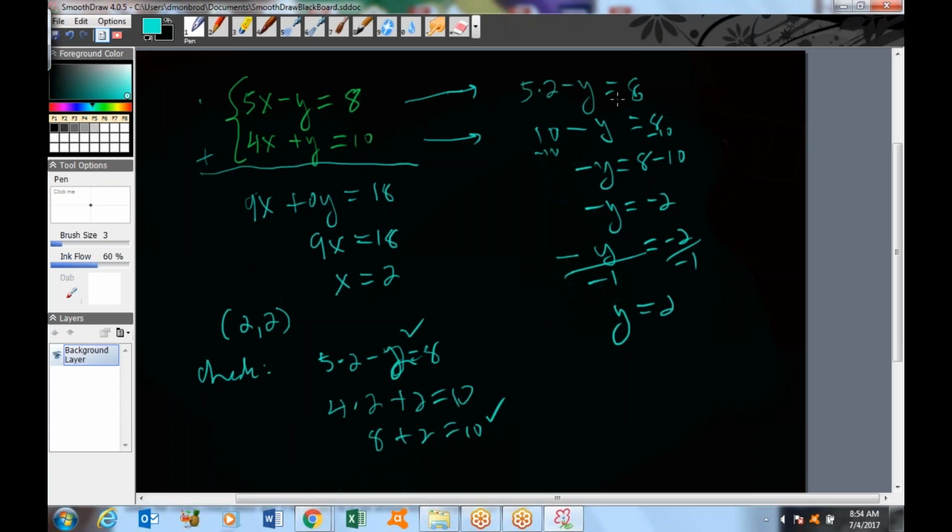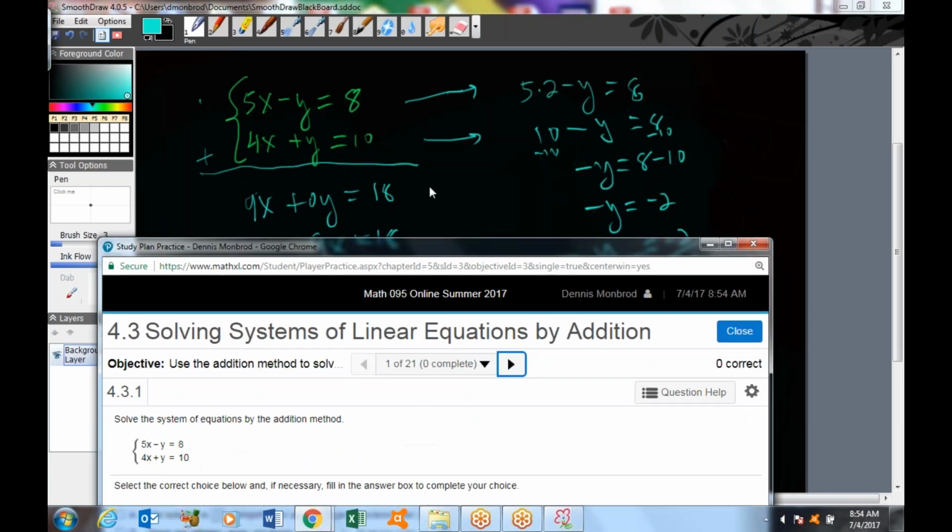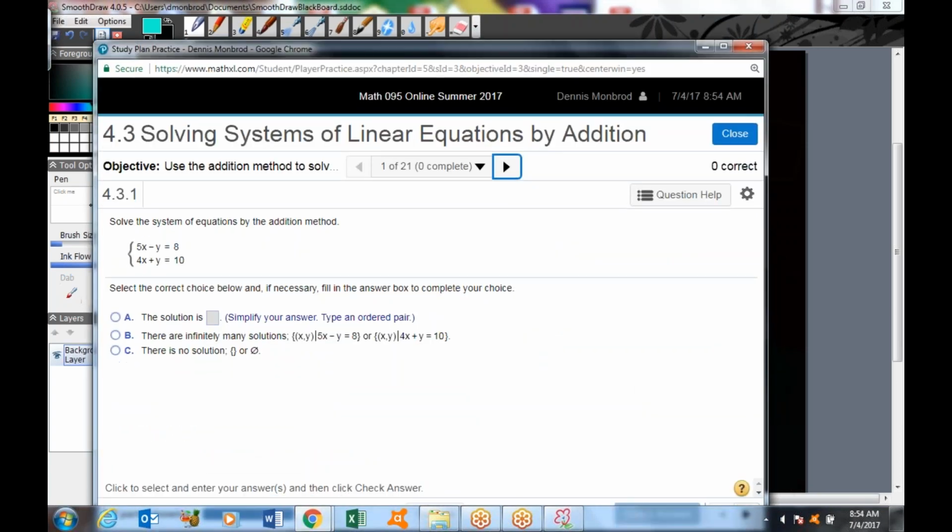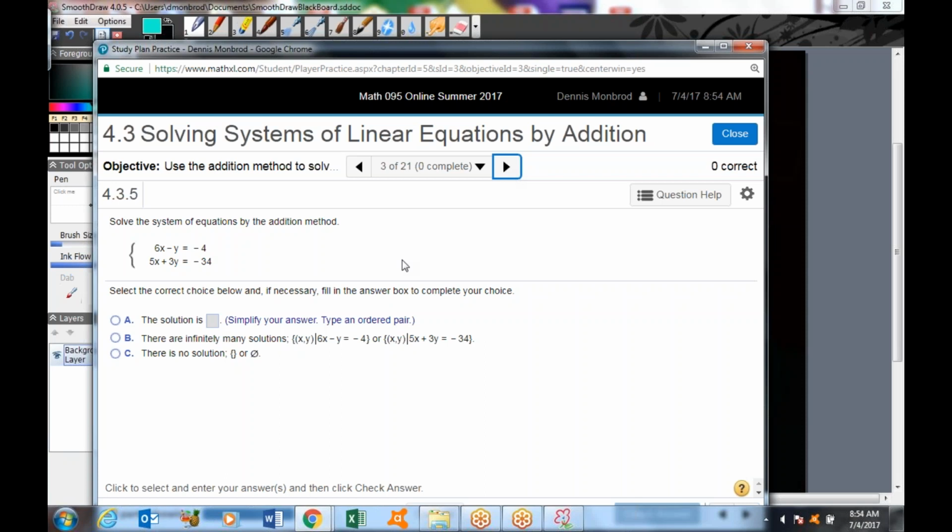Okay, now let's go back and find another equation in here, another system, one that might not be so obviously solved. Okay, here it is. Here's one. 6x minus y equals negative 4.